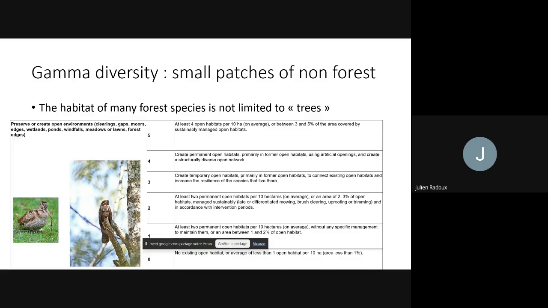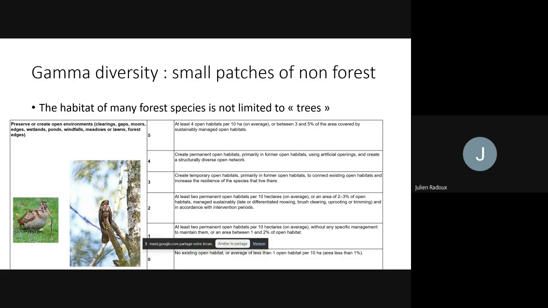Some of the species that live in the forest need those kind of open areas to reproduce or to hunt. So it's very important for them to have some gamma diversity in the forest that is managed, and not full cover everywhere.